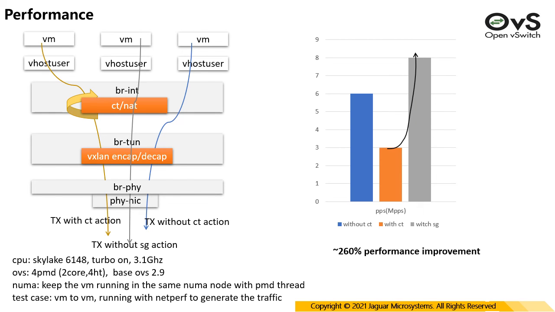Based on the same testing environment and test case, we did the performance test again. By using the SG action, we got nearly 260% performance improvement compared to the CT action testing result.